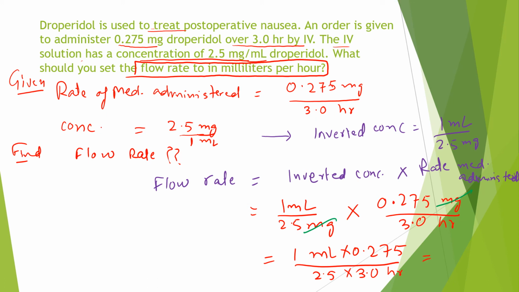So this comes out to be 0.275 ml divided by 7.5 hours, and if we divide these two numbers we get 0.037 milliliters per hour. So that is the answer. So 0.037 milliliters per hour.